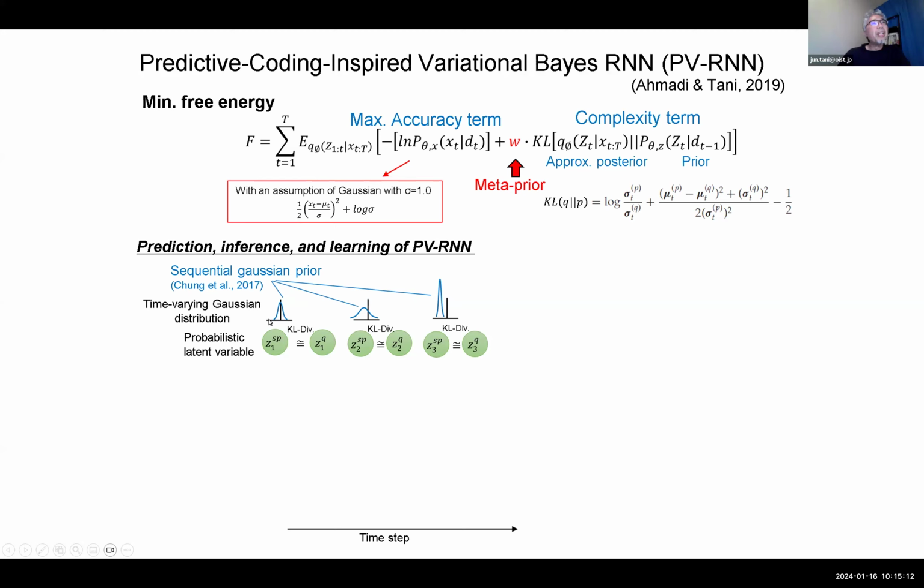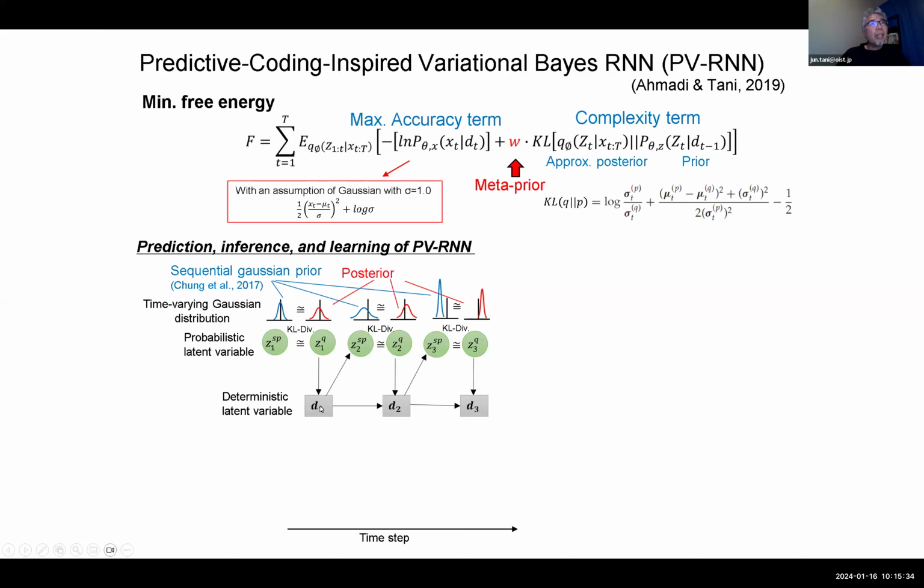We have a prior and a posterior at each time step as a latent variable. Then this posterior is mapped to another latent variable, which is a deterministic latent variable.